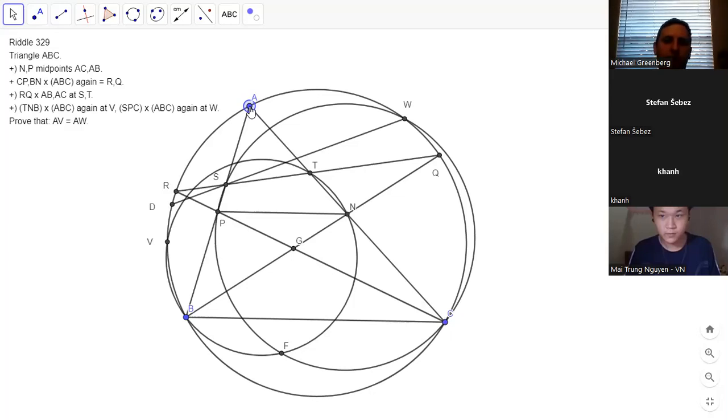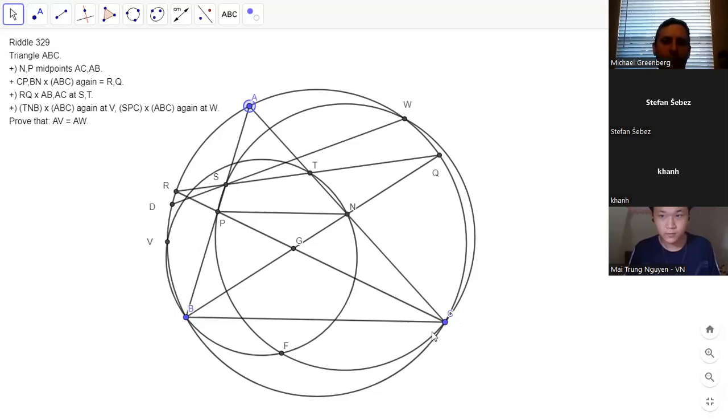Because if we define W the original way, then we know that angle SWC is SPR. So that's equivalent, once you do all the angles, to showing arc DB is arc AR.